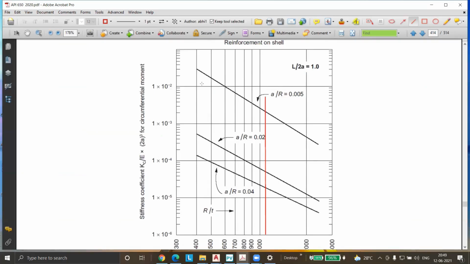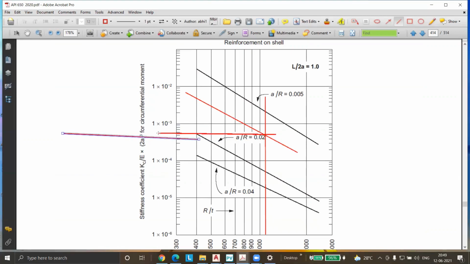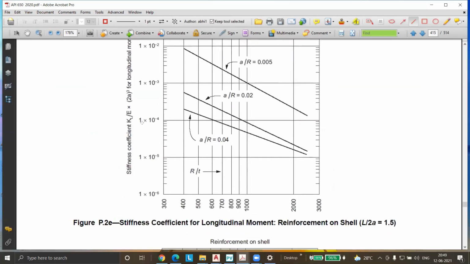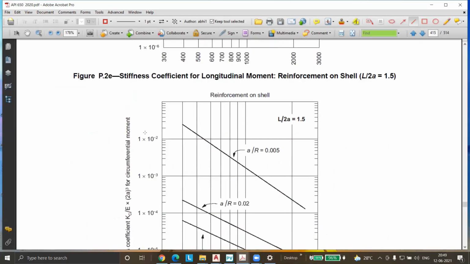If it is somewhere in between, I can imagine that line and consider a straight horizontal line where it is touching. Say my imaginary line is like this, cutting here, so I will get the KC value. Similarly, I will have all of KC, KR, and KL.